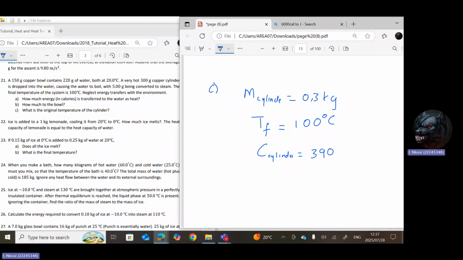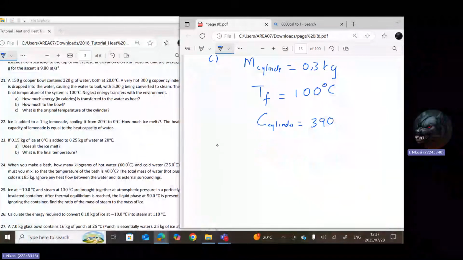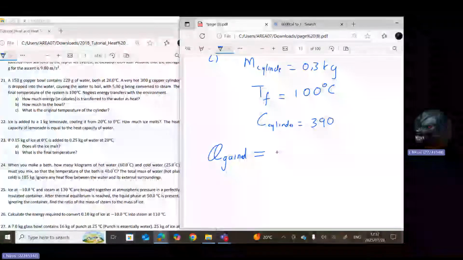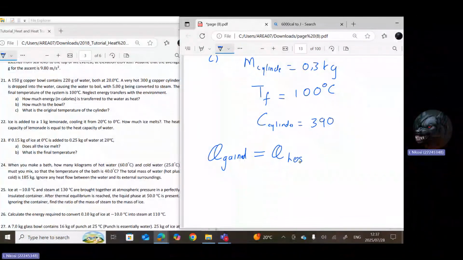Okay, to make you understand, the heat gained by the water in the bowl is equal to all the heat that is lost by the cylinder, the hot cylinder.